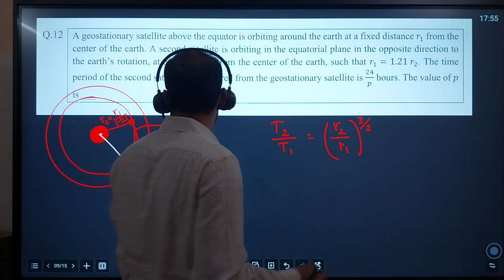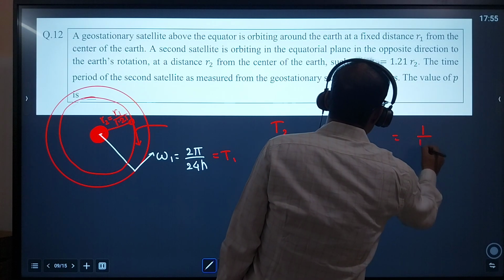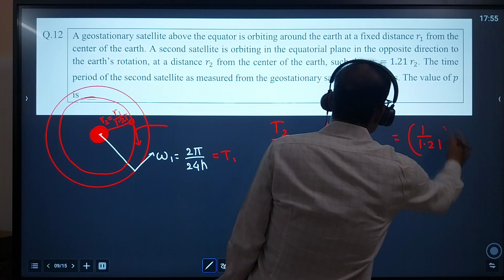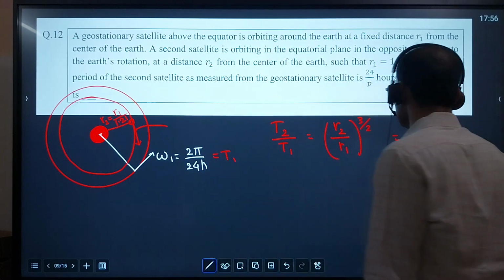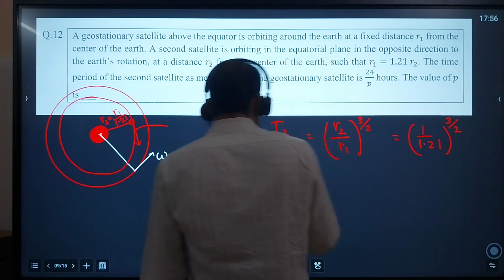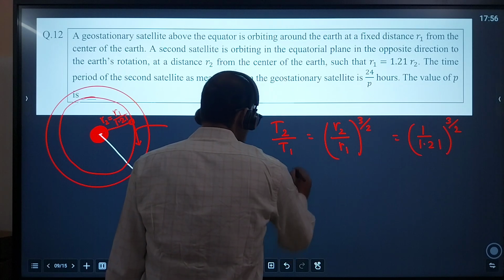So r2 by r1 is 1 by 1.21, and if you do the 3 by 2 power, first take the square root.